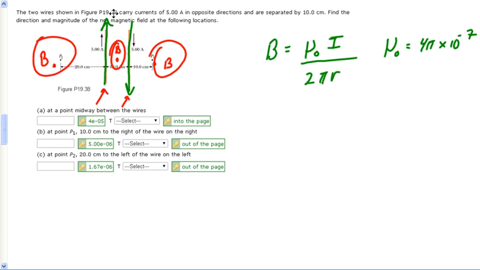So all you're going to have to do is go through each one of these, use this formula and find B, and then you're either going to add the two together or subtract the difference between the two. And that's it. And if you look at these choices, it's saying the direction it wants to know as well as you do it. So let's just go ahead and get some little free space here and start doing this problem.